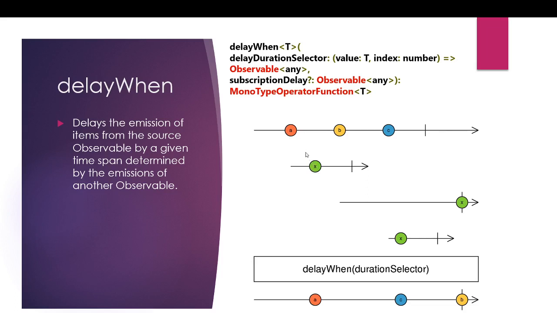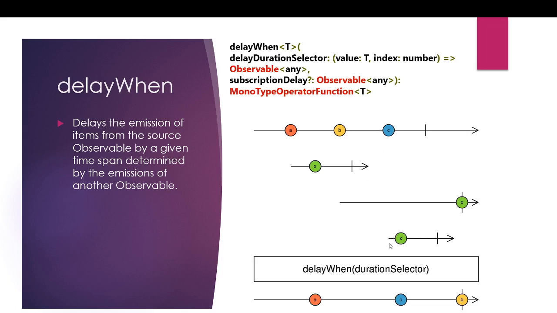But for b, for which we have specified an observable with a much longer delay duration, it comes later. Then C is emitted by the source observable, and we want it to be emitted immediately on my result.